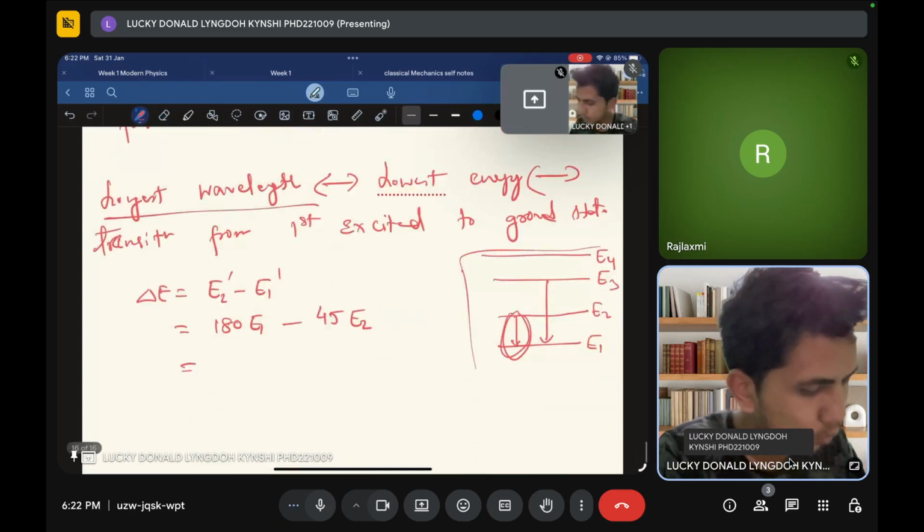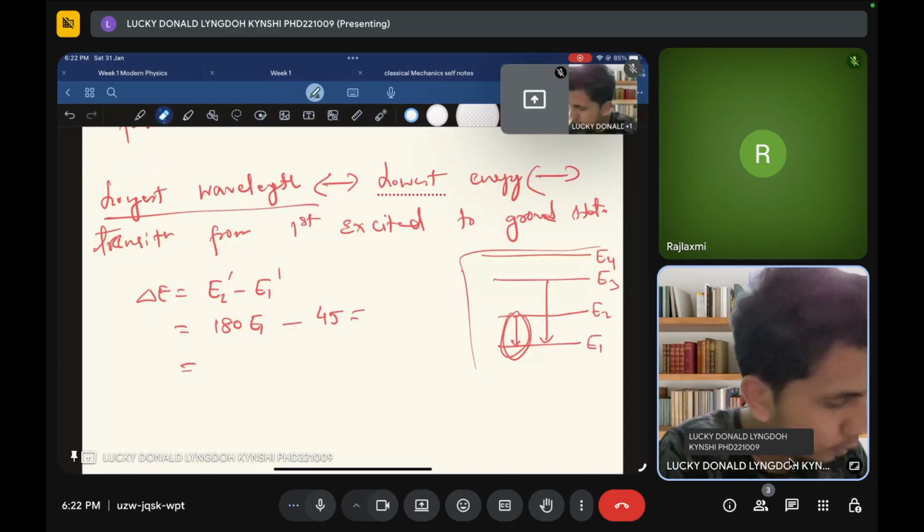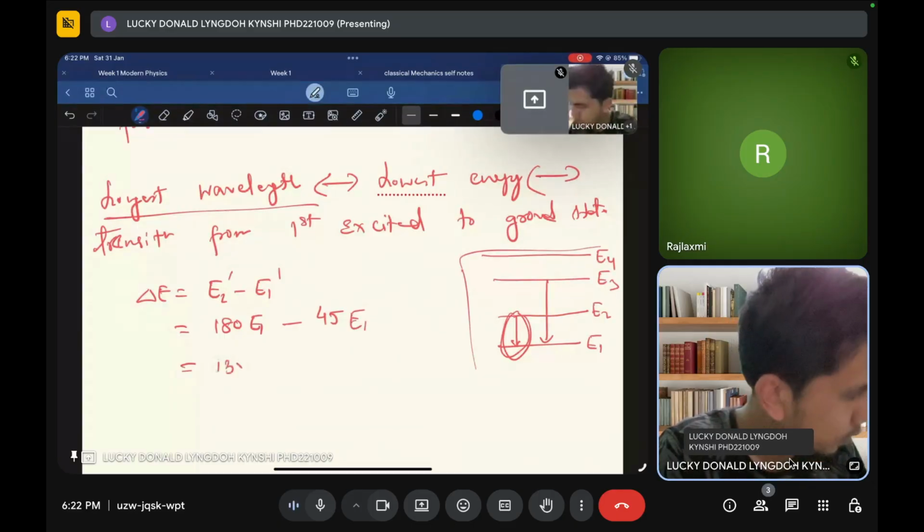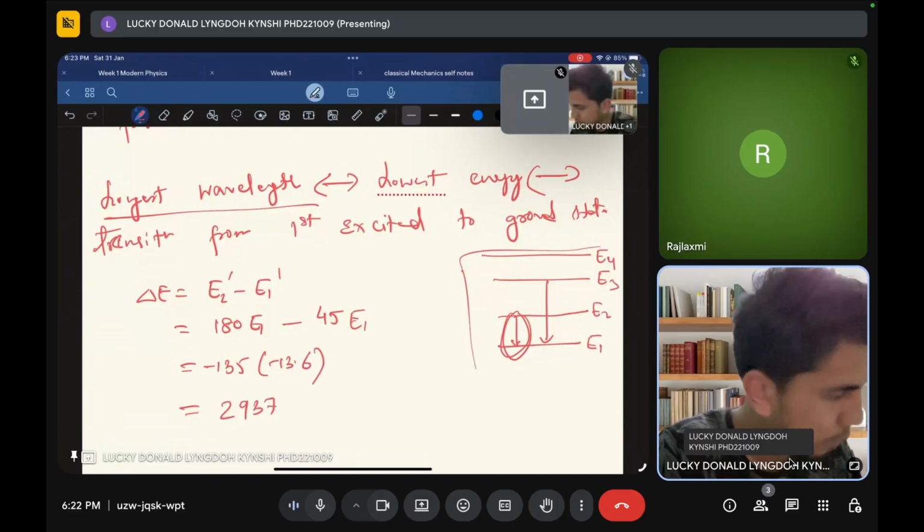So 45 E1, you can get 135, and E1 is minus 13.6 electron volt. You will get something like 2937.6 into 10 to the power minus 19 joules.